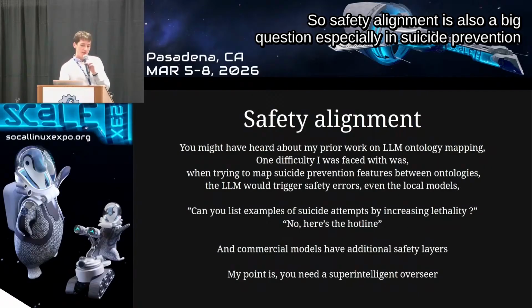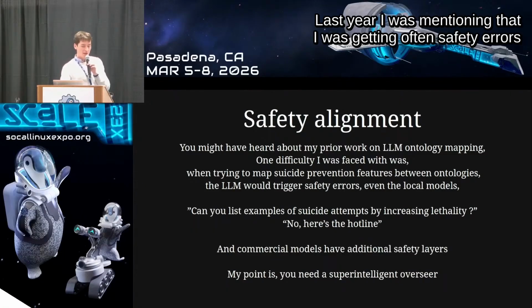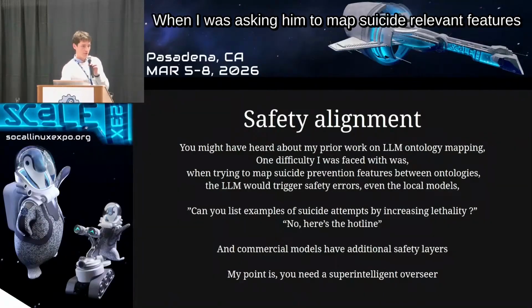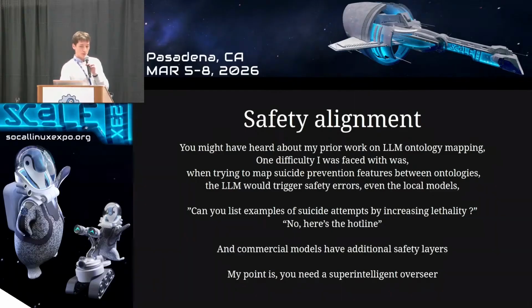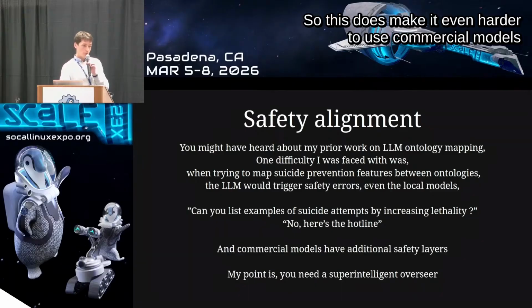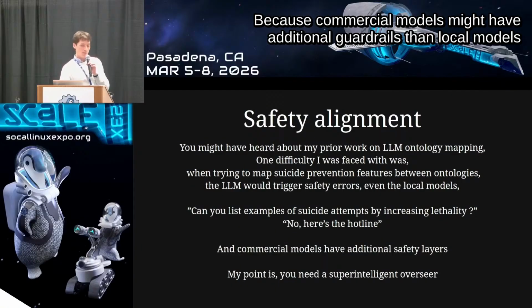So safety alignment is also a big question, especially in suicide prevention. Last year I was mentioning that I was often getting safety errors when I was asking it to map suicide relevant features. So this does make it even harder to use commercial models, because commercial models might have additional guardrails compared to local models.